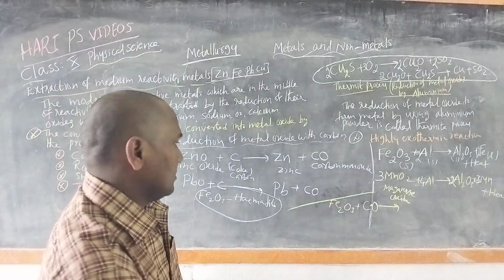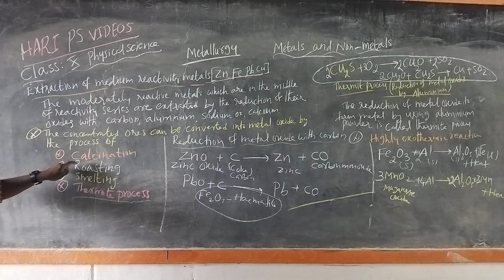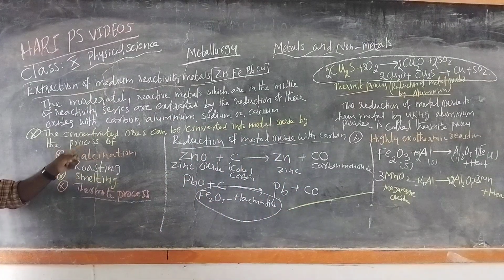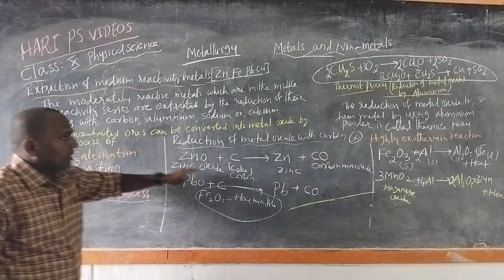We will discuss this reaction with the processes of calcination, roasting and smelting. So that process is completed. Then we have calcination, roasting and smelting. I hope you understand this.